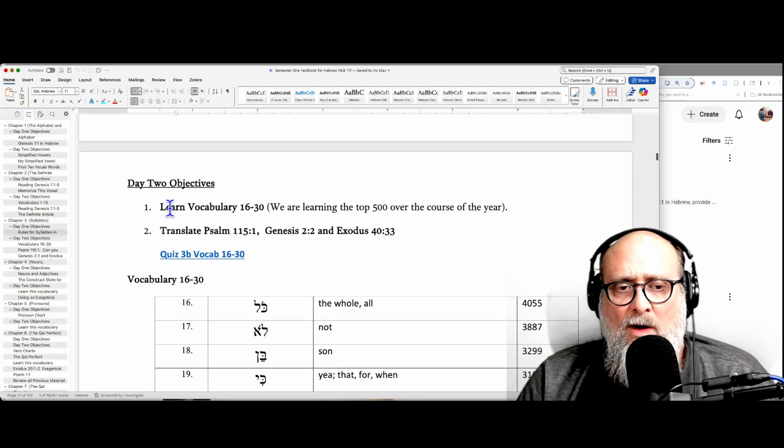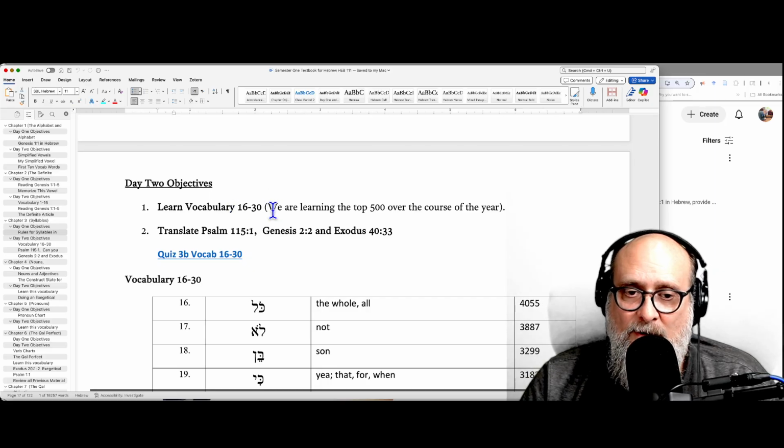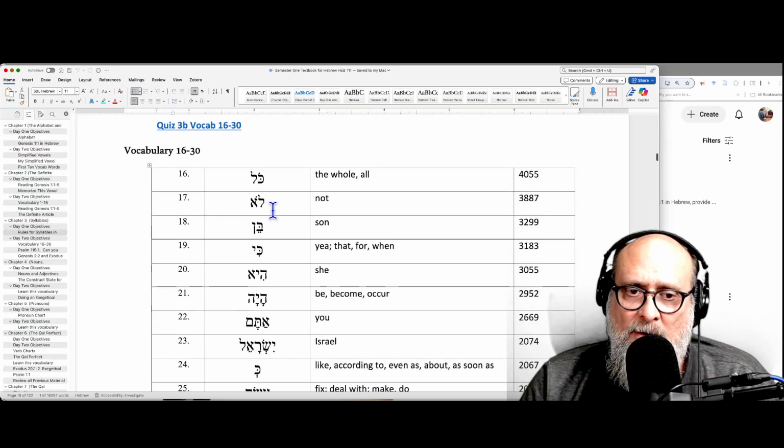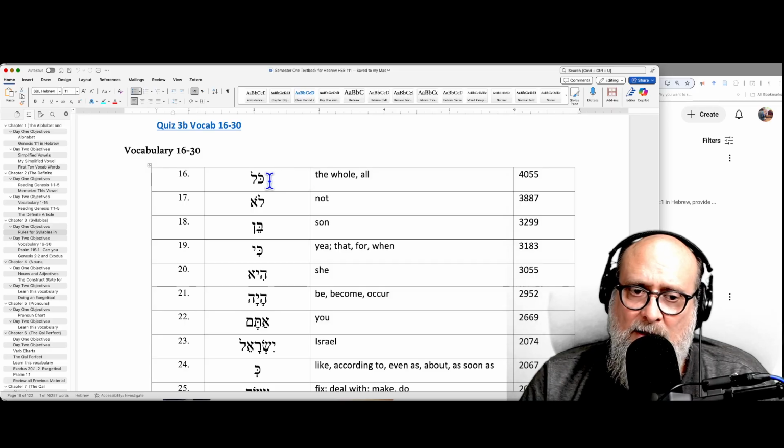Now, for our day 2 objectives, we want to learn the next 15 words. And so kol, used 4,000 plus times, means the whole or all. It can take the definite article.